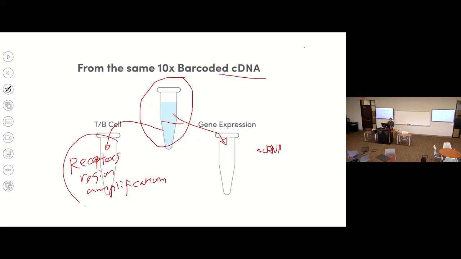If we are not doing this repertoire analysis, we go through regular single cell RNA-seq. That's what we normally do. We label the cell and then start sequencing this library.